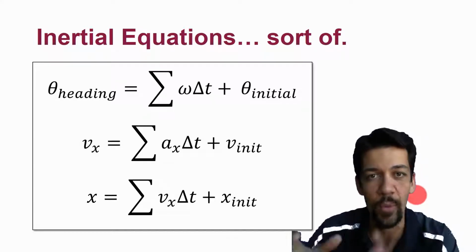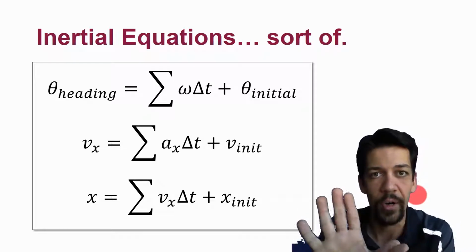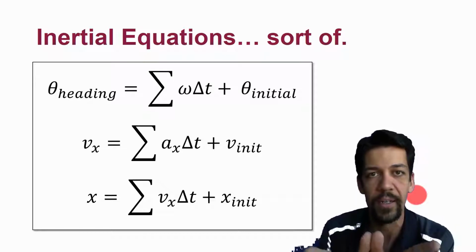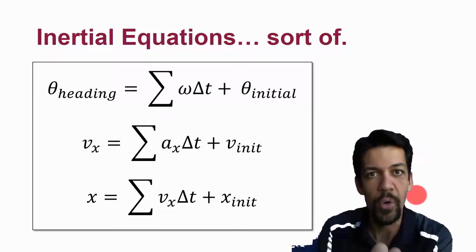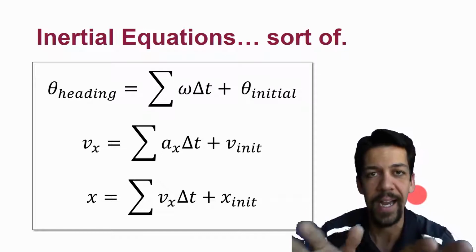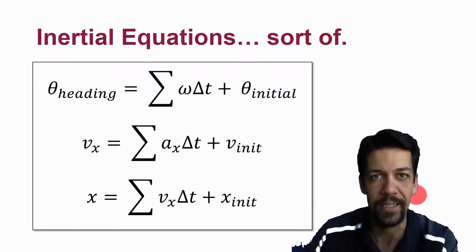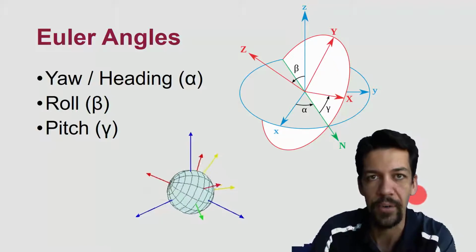And the x, y, and z axes of acceleration also change with our orientation. So if we're moving to a different heading, our position is going to be different in the global reference frame if we've moved in that direction and things like that. So we have to do a lot of math to make this all work, and it gets really complicated in a hurry.